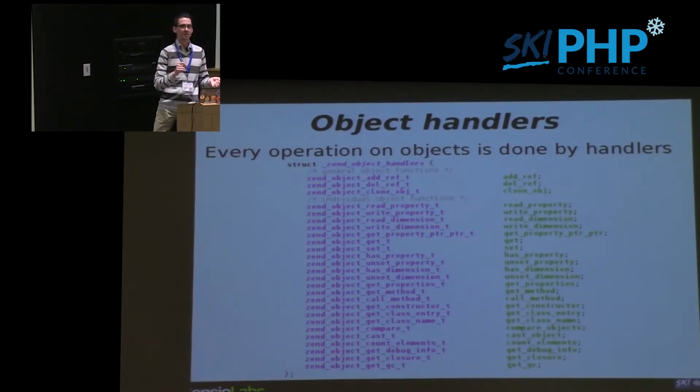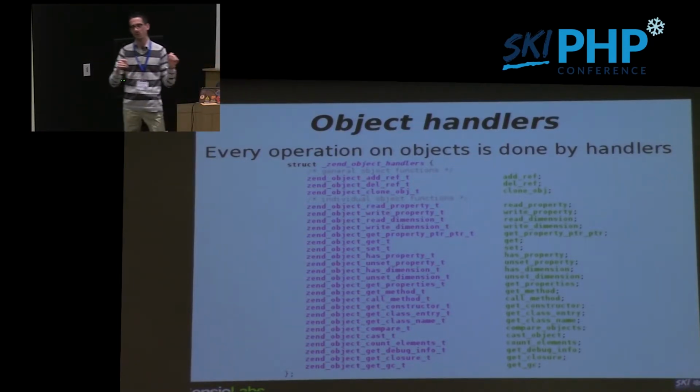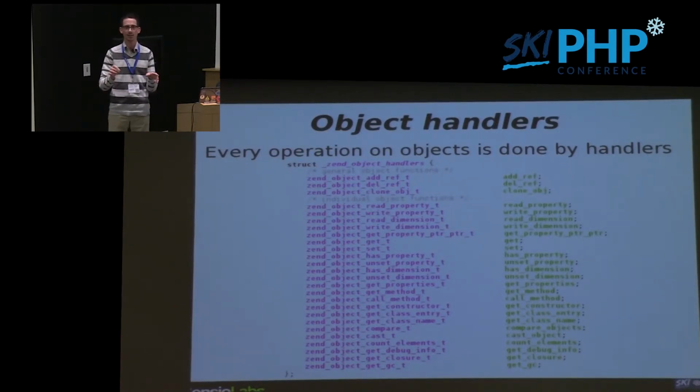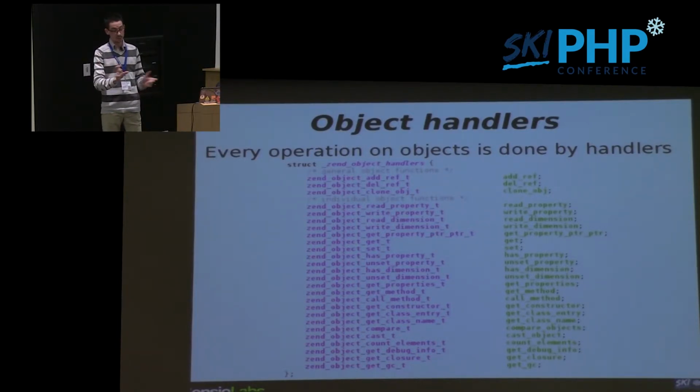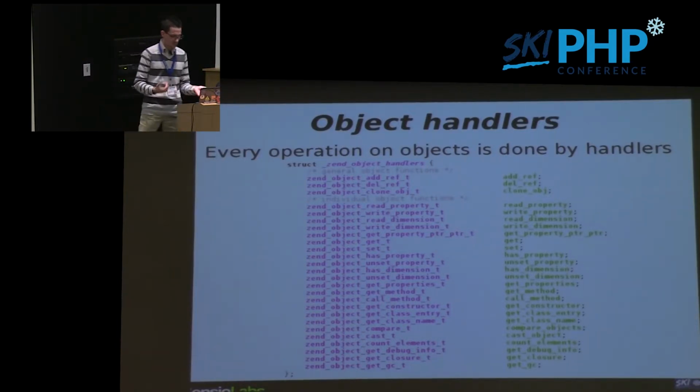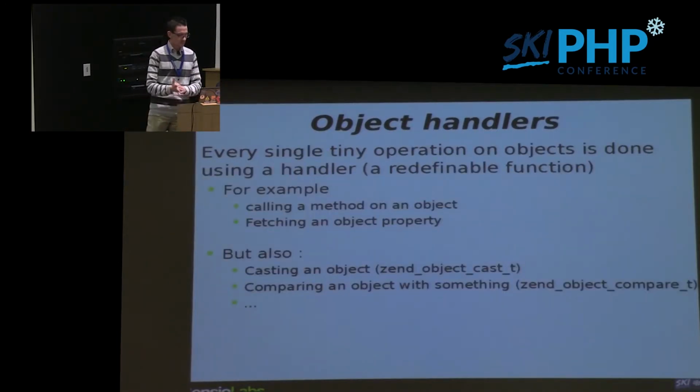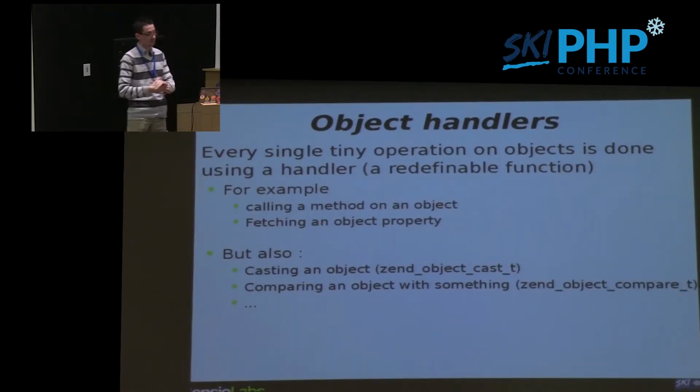There are many things in PHP objects which have not been hard-coded. There are lots of levels of indirection so that you can hook anywhere in the engine when you develop extensions or patches. From PHP land you also can, but you are very limited. Every single tiny operation on objects is done using a handler. So this is interesting.